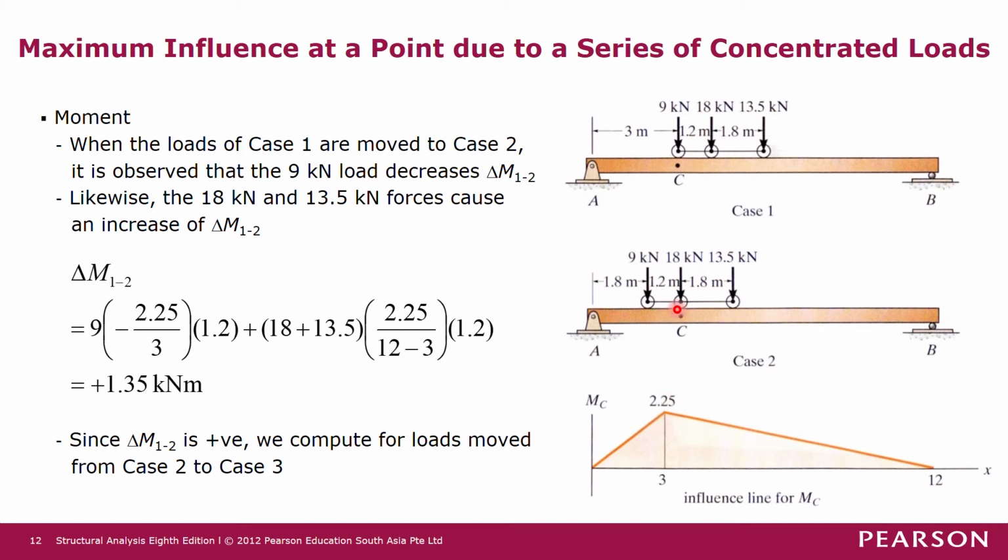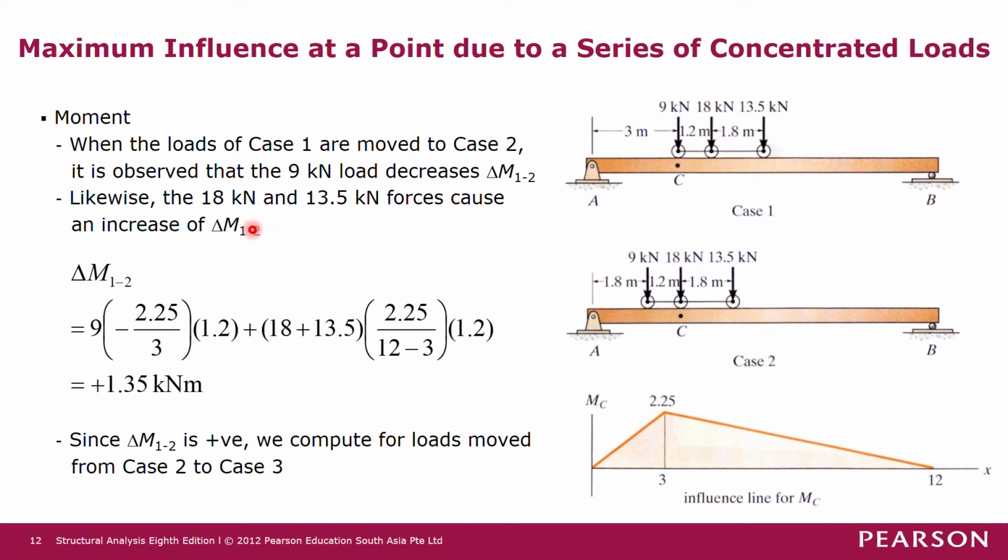Okay, so when the loads of case 1 are moved to case 2, it is observed that the 9 kilonewton force decreases delta M12, right? And then the 18 kilonewton and the 13 kilonewton forces cause an increase of delta M12.